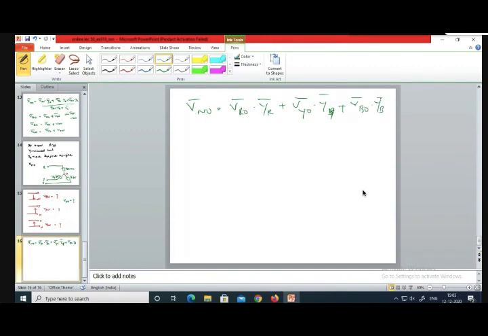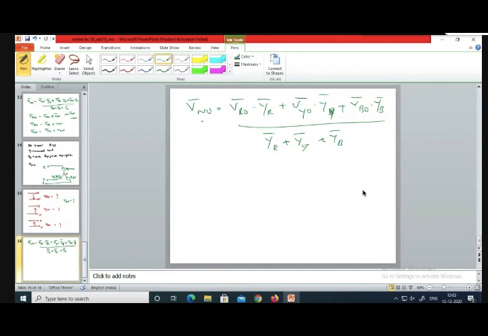This is the numerator, and the denominator, as per my formula, is YR plus YY plus YB. That's all. So this is the formula to find VNO.